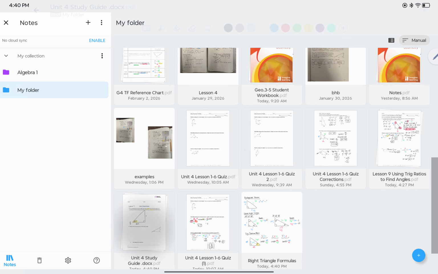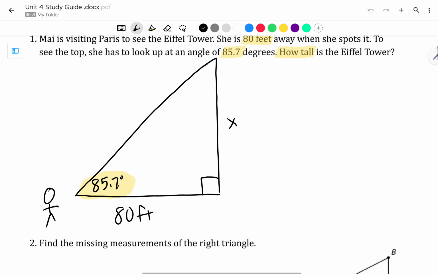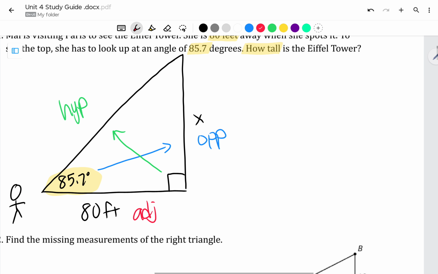Right, so let's go back to our study guide. I want to start labeling my three sides. Opposite from the angle is x. Across from the right angle is the hypotenuse. And this last side between the angle and the right angle is going to be the adjacent side.